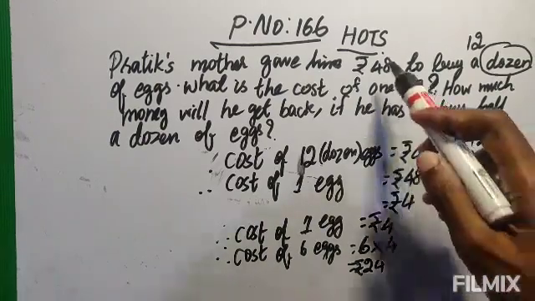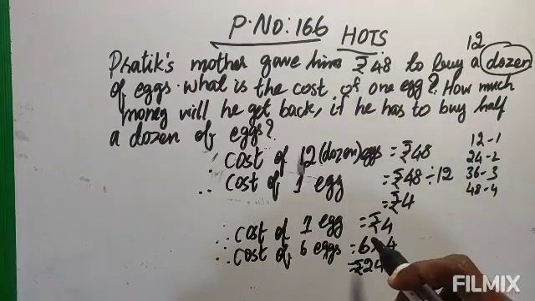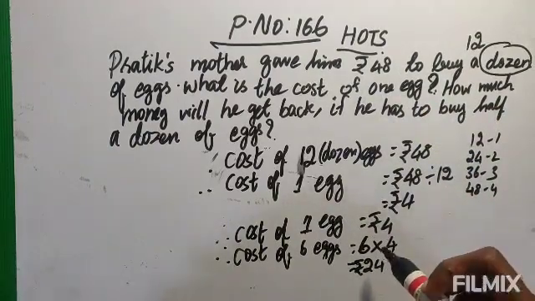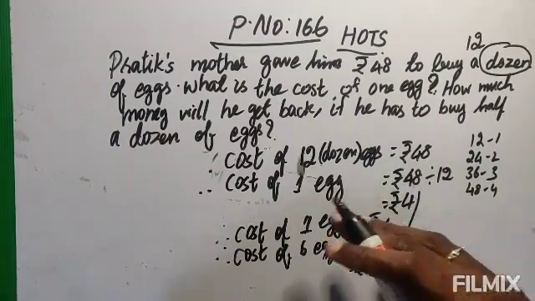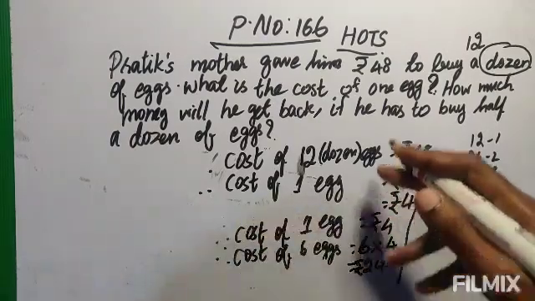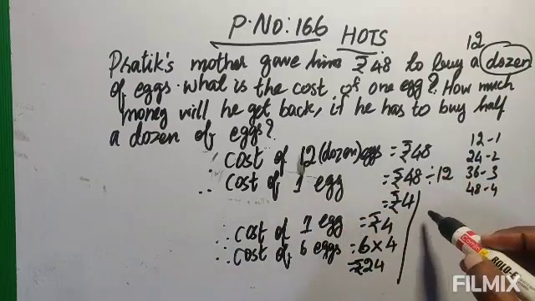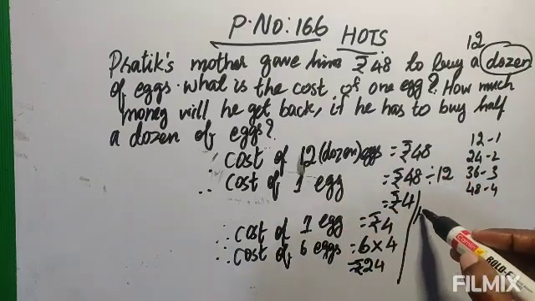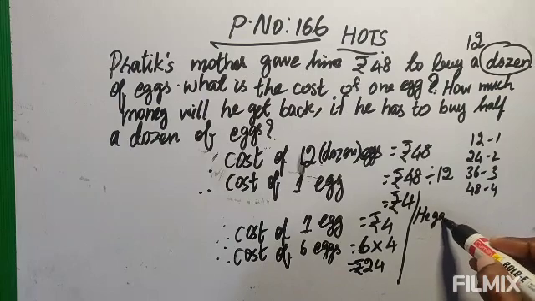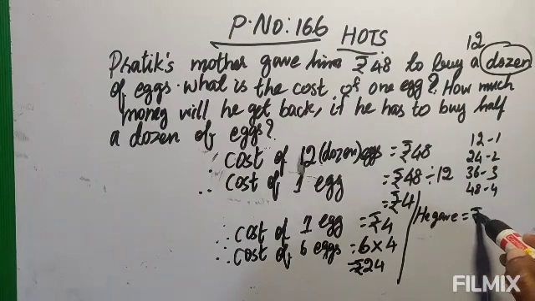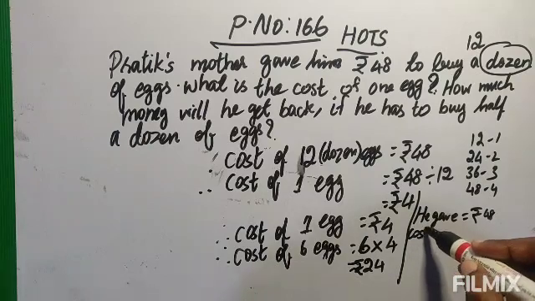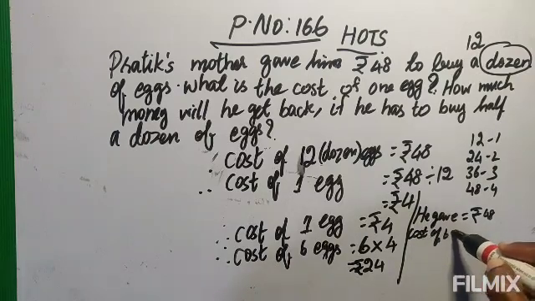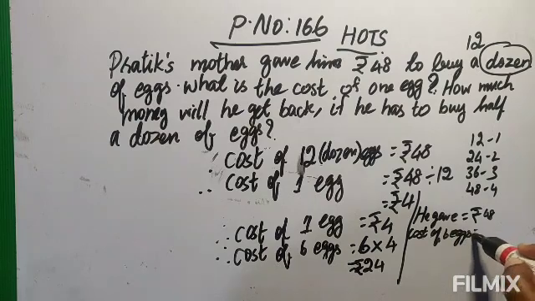So he gave 48 rupees. How much will he get back? Okay, let's write here. I am writing this side since there is no space there. He gave rupees 48. Cost of 6 eggs equal to rupees 24.